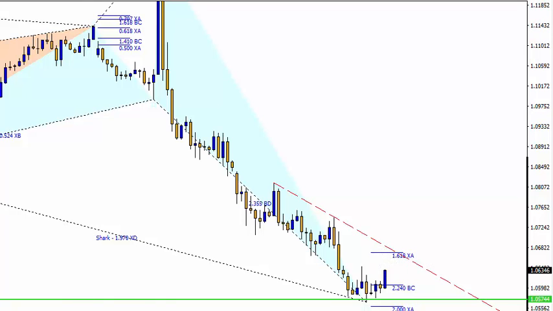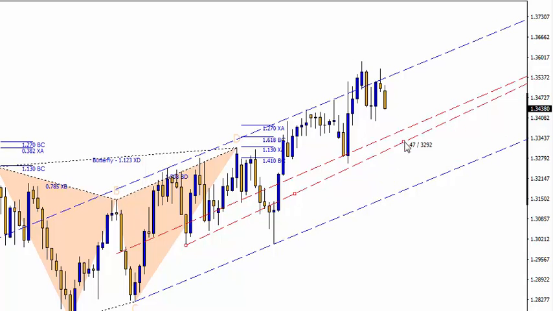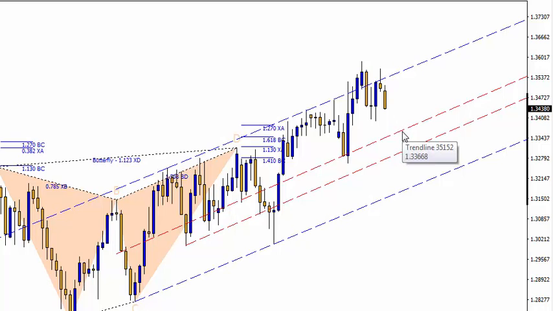Okay, dollar Canadian on the daily, once again channel tops and the market slides down to the daily, and we've got retracement coming back to around these levels here. Okay, so we'll see the dollar Canadian back down possibly around here, and let's see what we can do with this.